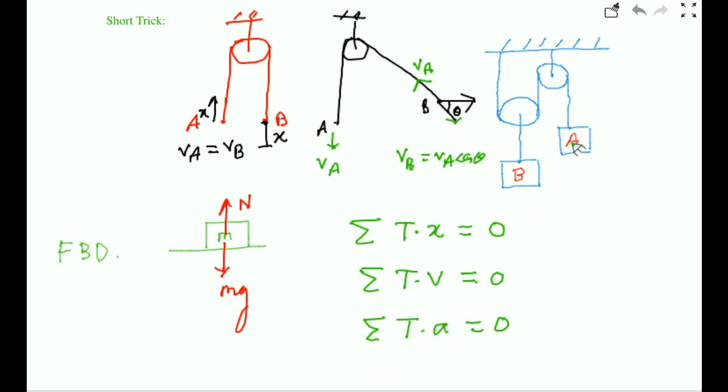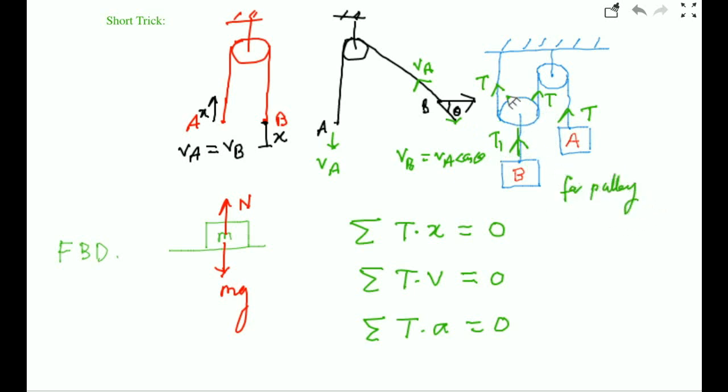See the example. Suppose that here the tension is T, and if you have the same string, the tension will always be the same because of the massless string and massless pulley. But what about the tension in this string? The pulley is massless, so suppose that here you have T1. Write the equation for the pulley.